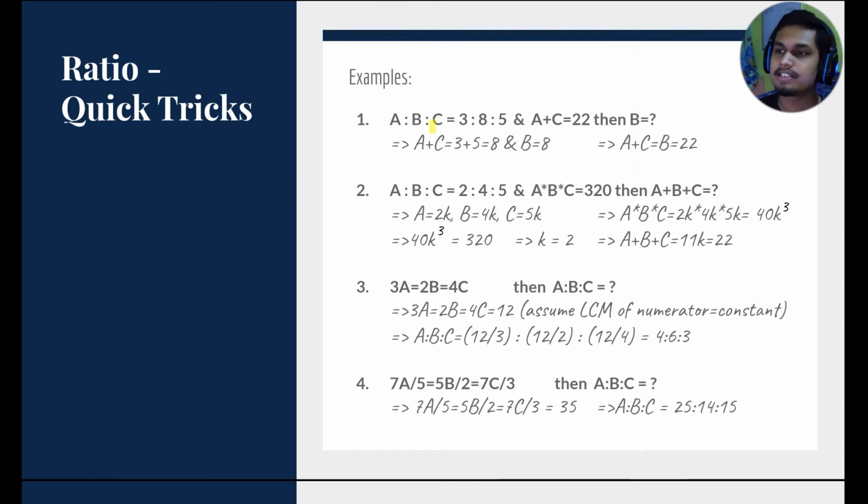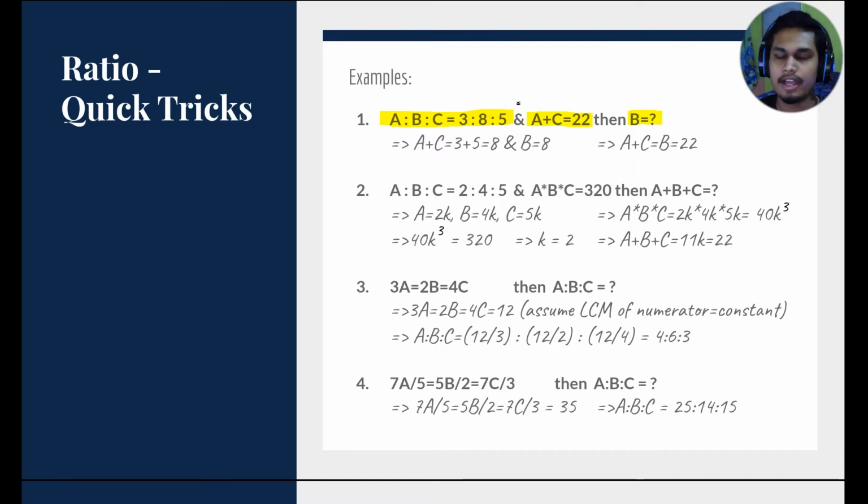Suppose there is a ratio of A:B:C, and that is 3:8:5, and A plus C is equal to 22. Then what is the value of B? Now we can solve this by using K as a variable.